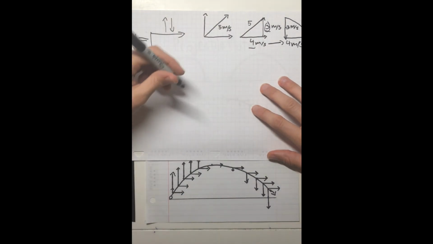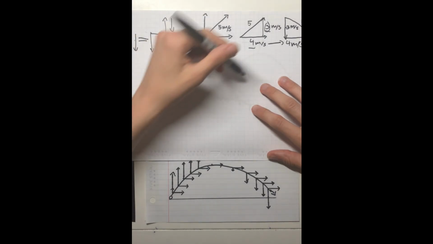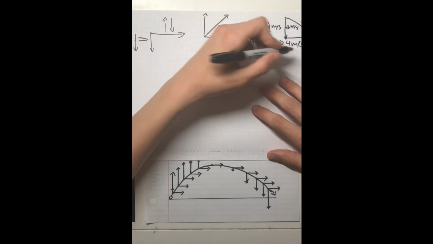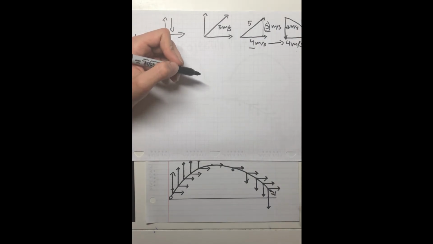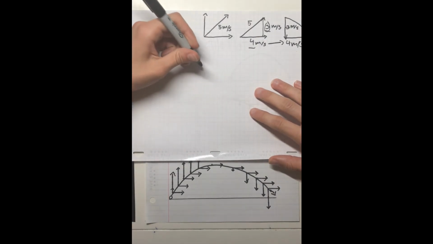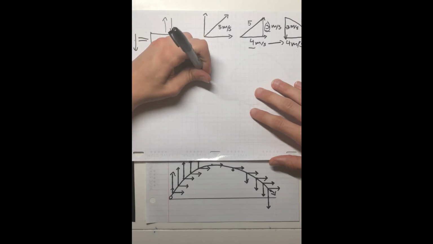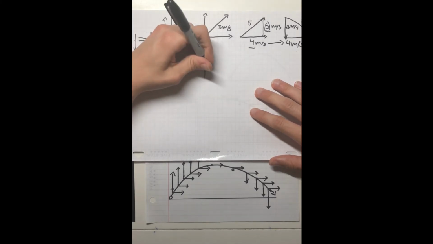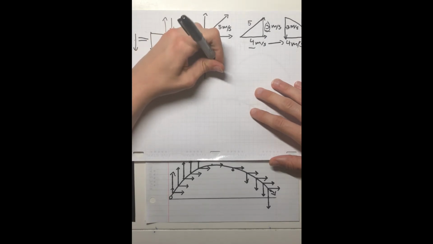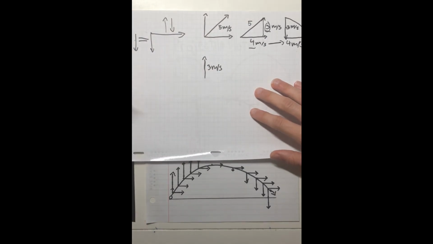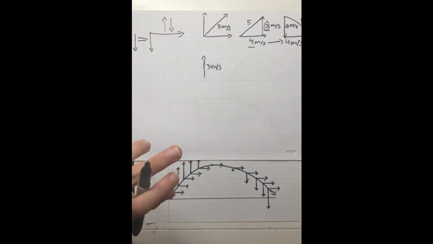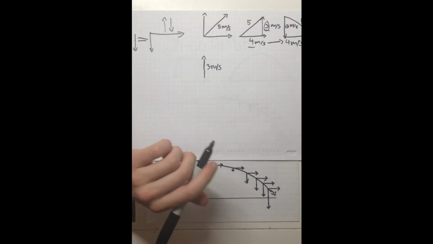So 3 meters per second. Now that we know that the x value really doesn't have a bearing on how long it'll take, all we have to worry about is, let's say I threw a ball upwards with 3 meters per second. How long will this take to hit the ground? Now we can bring in our SUVAT equations.